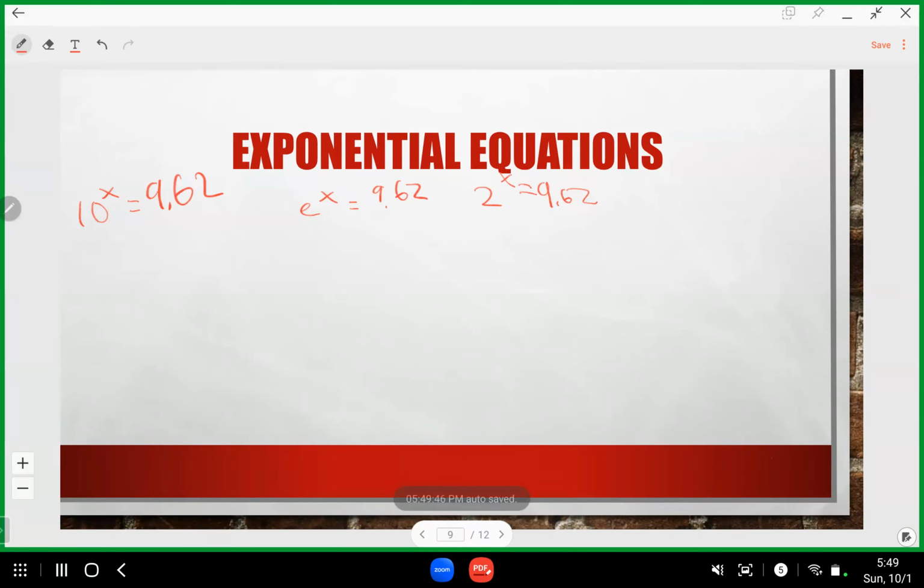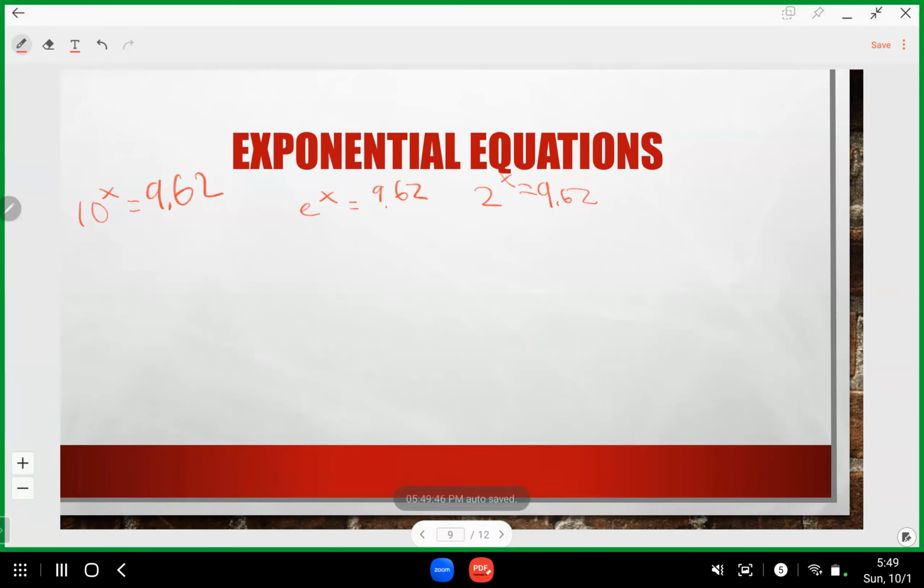So that just means log 9.62 equals x. So x equals log 9.62. Okay, so let's just say we found the decimal, and that's basically it.